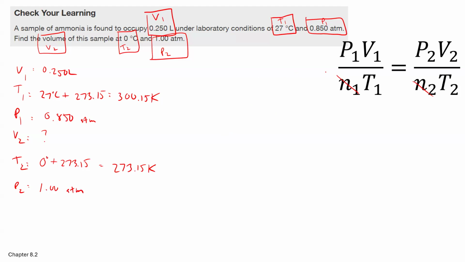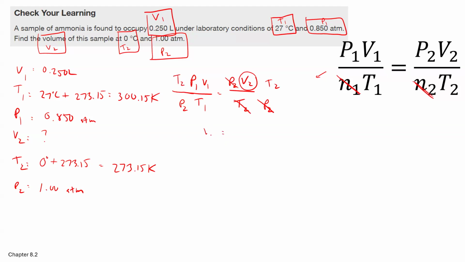All right. We're trying to find V2. So let's move this equation down. Remember, we didn't use moles, so we're going to keep those out. It's going to be P1 V1 over T1 equals P2 V2 over T2. We're looking for V2, so we're going to divide both sides by P2, which cancels this out, multiply both sides by T2, and that cancels out.